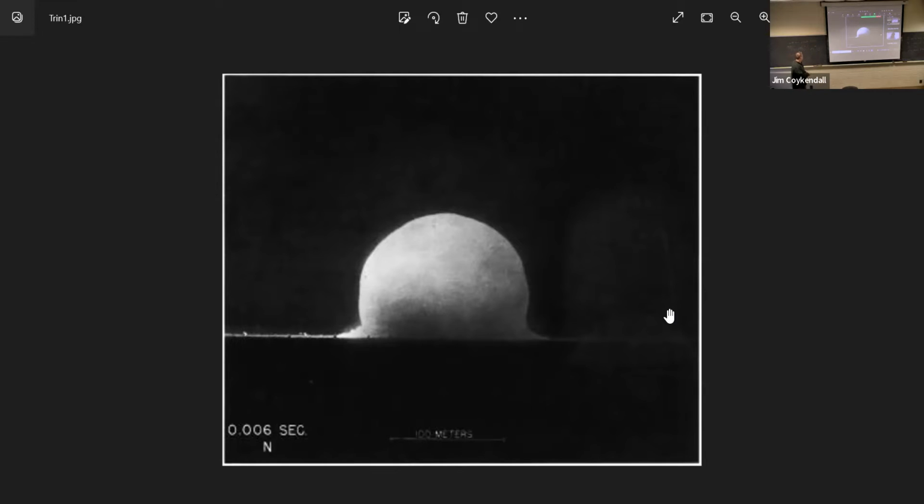Right? And so I've got pictures, and my pictures are basically expressing the radius. I didn't put the other picture up, but there's another one that's kind of a prettier picture, if you like nuclear weapons. That's a little bit further, at 0.016 seconds, right?